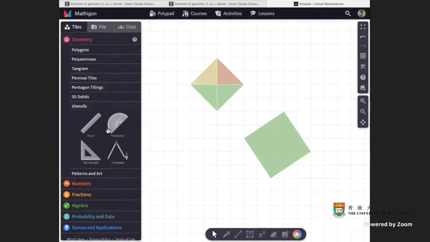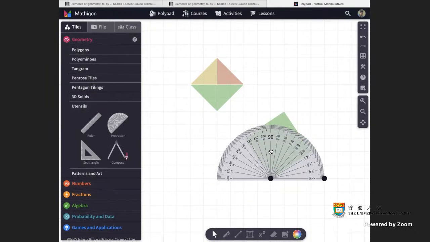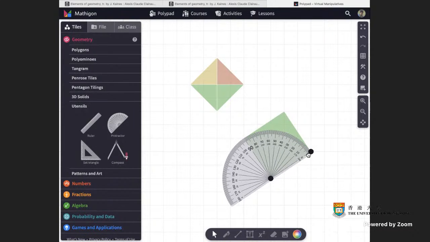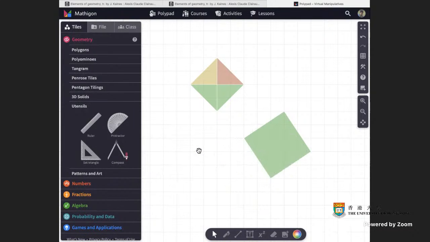You can find them here. We have a protractor for you to measure the angles, or you can use the set square. Then you can easily check the angles if they prefer something more concrete, to verify that this is a square.